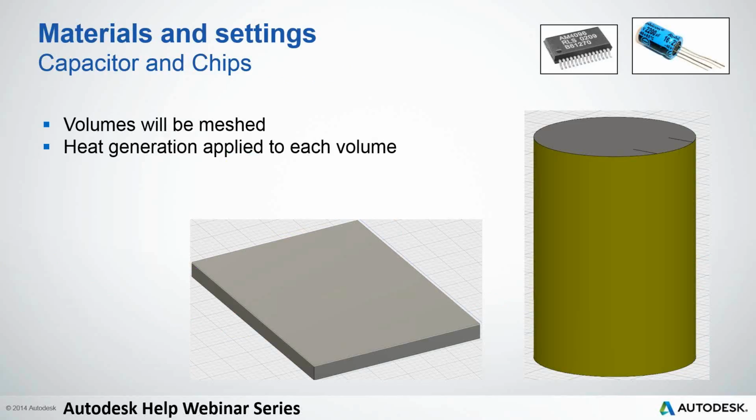I think before going deep into the materials and settings, do you suggest that we ask the question about whether our attendees use electronic analysis to simulate passive cooling or forced cooling using a fan? Yeah, absolutely. We can go ahead and do that.